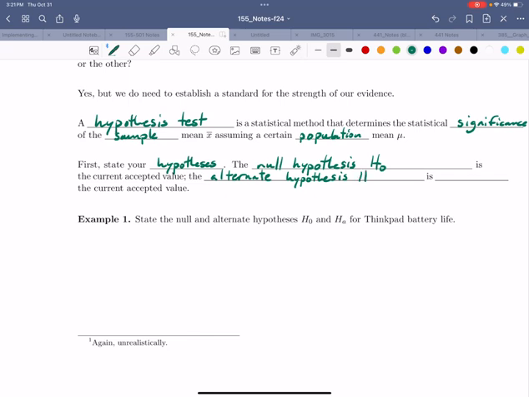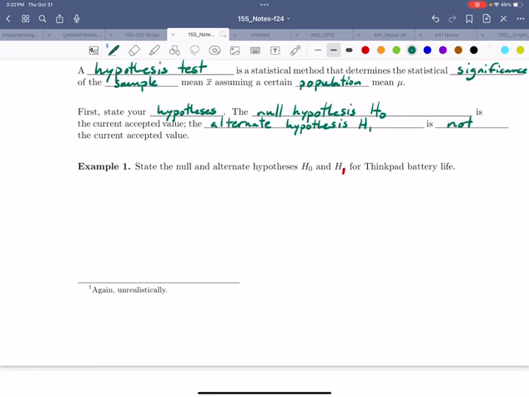I've seen this written as HA, and I might refer to it as HA in the notes, but the book and Minitab call it H1, so I will call it H1. Either is fine, though. The alternate hypothesis is, well, not the current value. It might be greater than, less than, or not equal to. It will be clear from the context whether we're talking about less, more, or just not equal to.